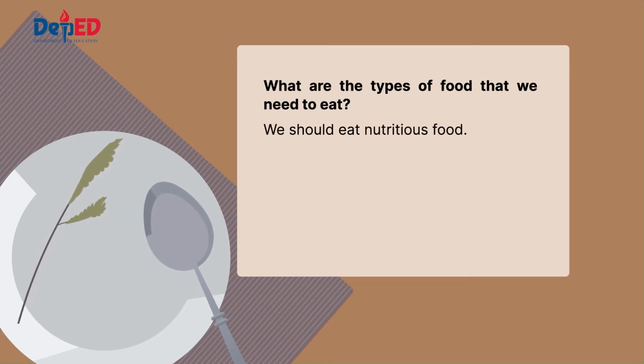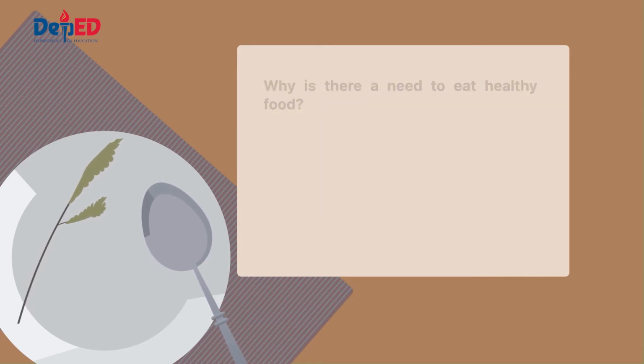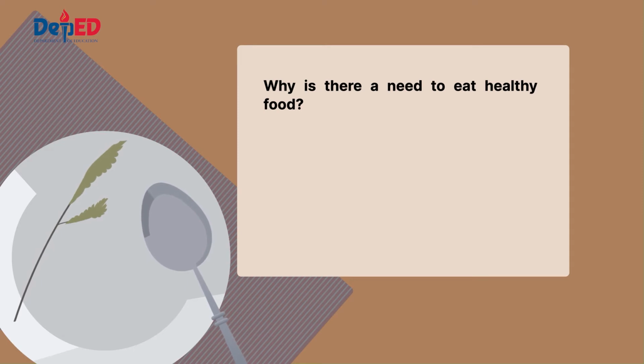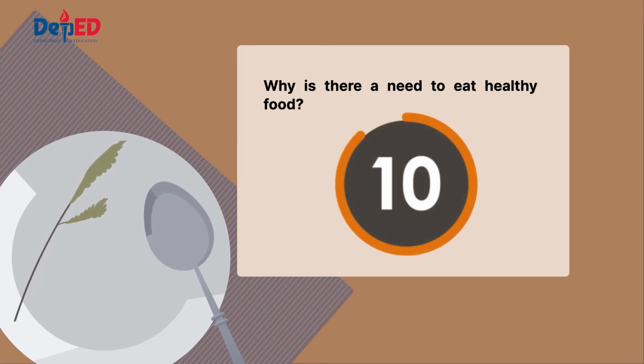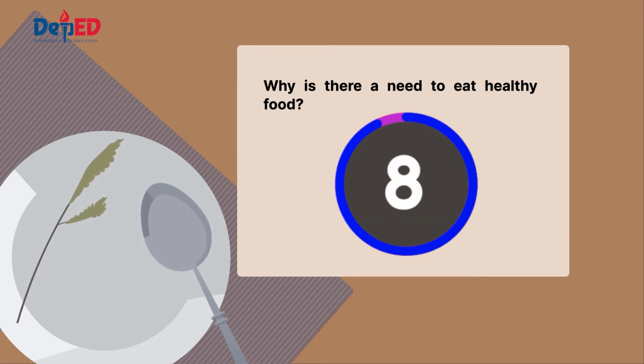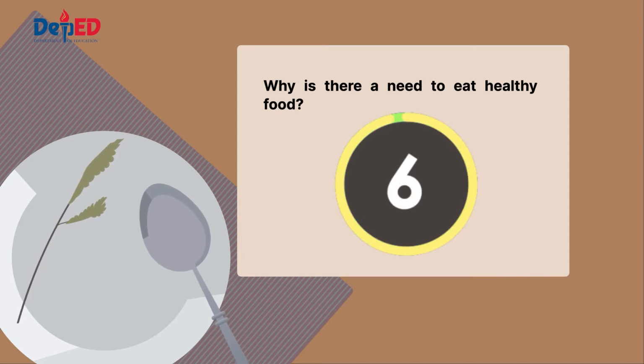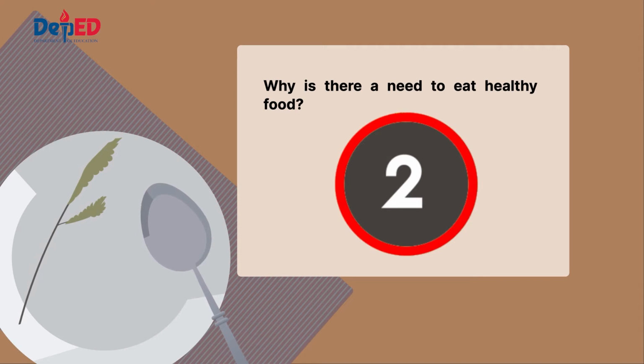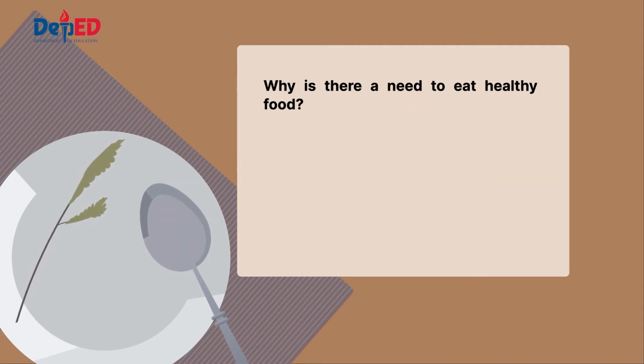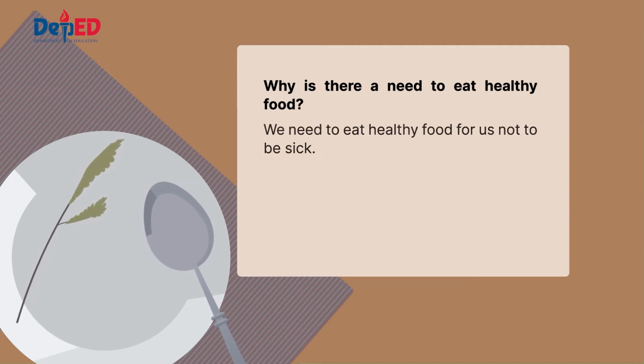Do I hear the nutritious ones? Great going, kids! And for the last question, why is there a need to eat healthy food? I think we need to eat healthy food in order for us not to be sick.